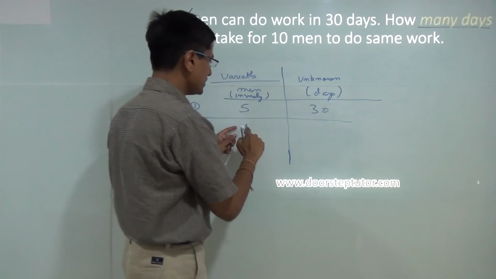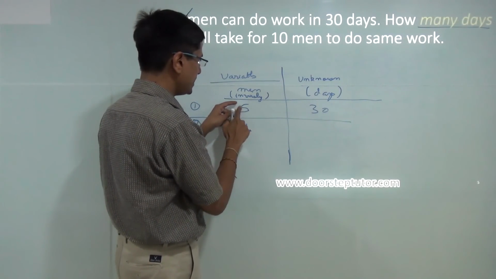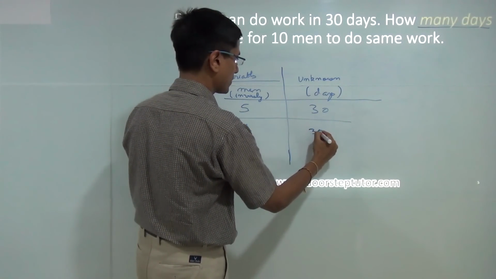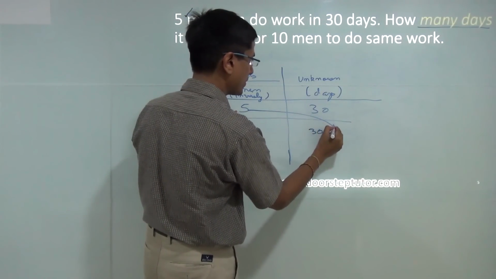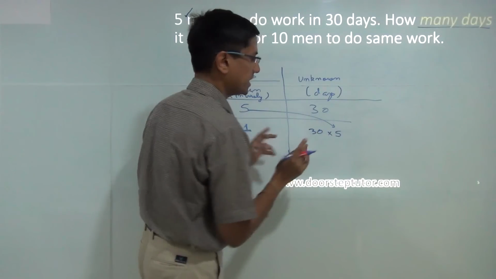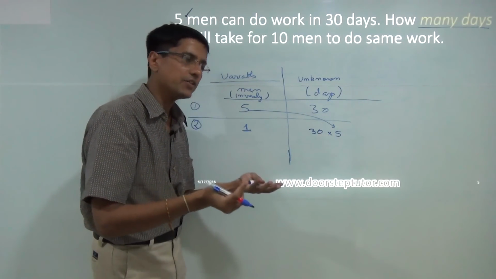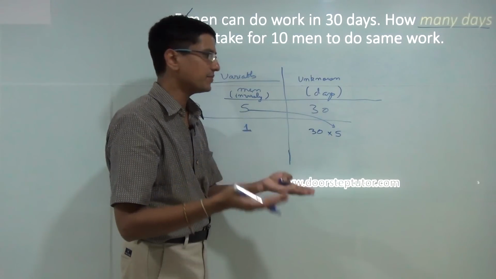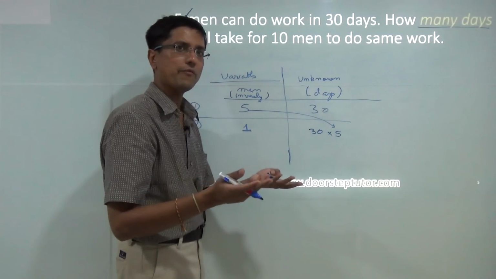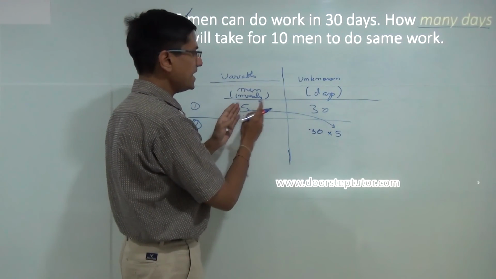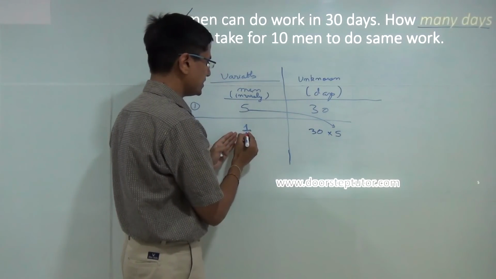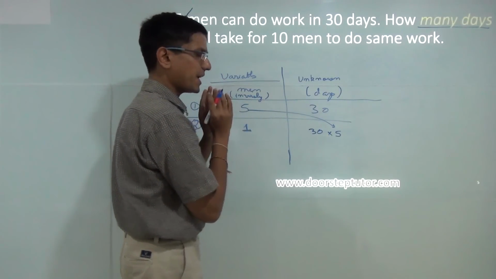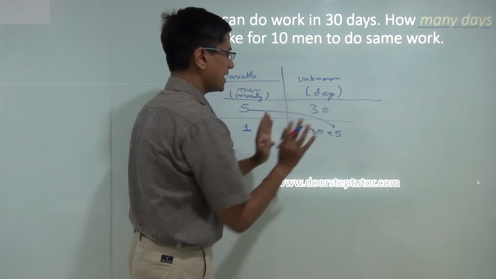So as soon as I change this to 1, this 5 comes here and gets multiplied. Remember that? It's very natural. If only one person is doing the job, obviously he will take 5 times the number of days. This is very obvious, but mechanically, as soon as I change this to 1, this is an inverse relationship, so I would multiply by 5.